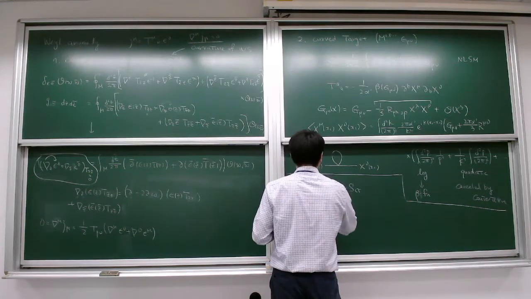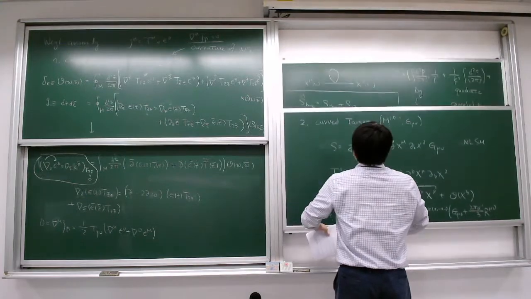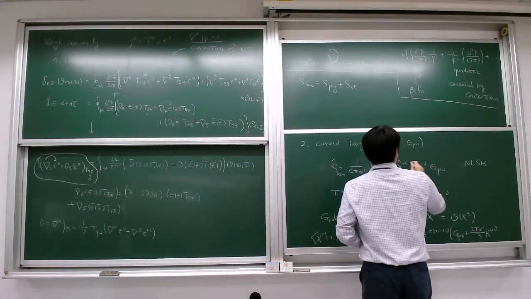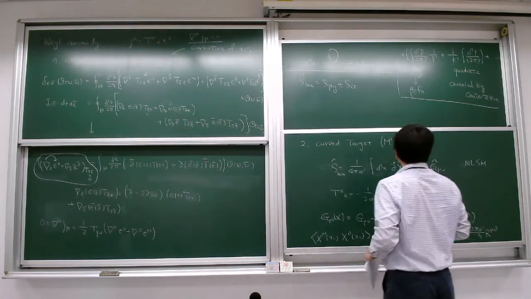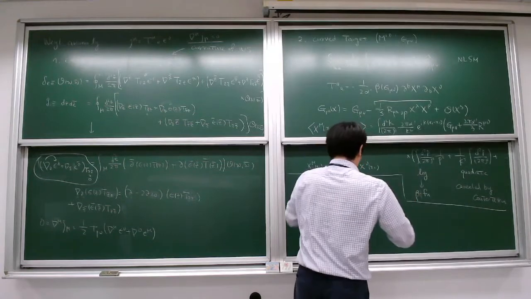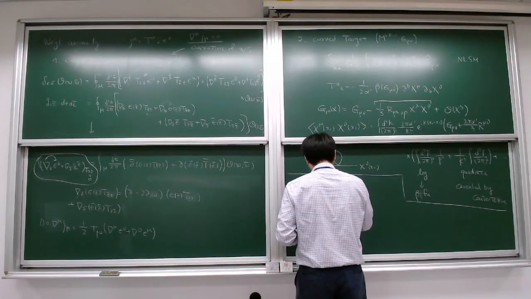So let's consider the bare action, S hat bare, as a function of X hat and G hat. And do the perturbation theory as usual. So you consider wave function renormalization.